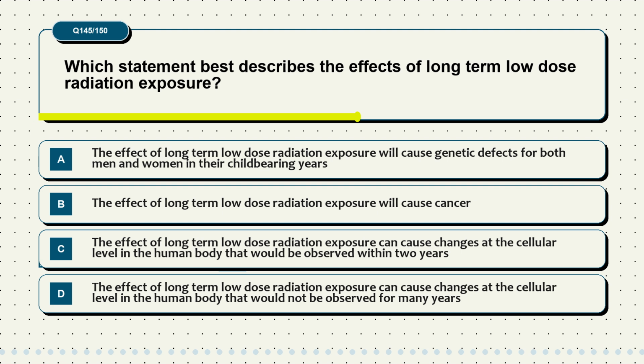Option C. The effect of long-term low-dose radiation exposure can cause changes at the cellular level in the human body that would be observed within 2 years. Option D. The effect of long-term low-dose radiation exposure can cause changes at the cellular level in the human body that would not be observed for many years.